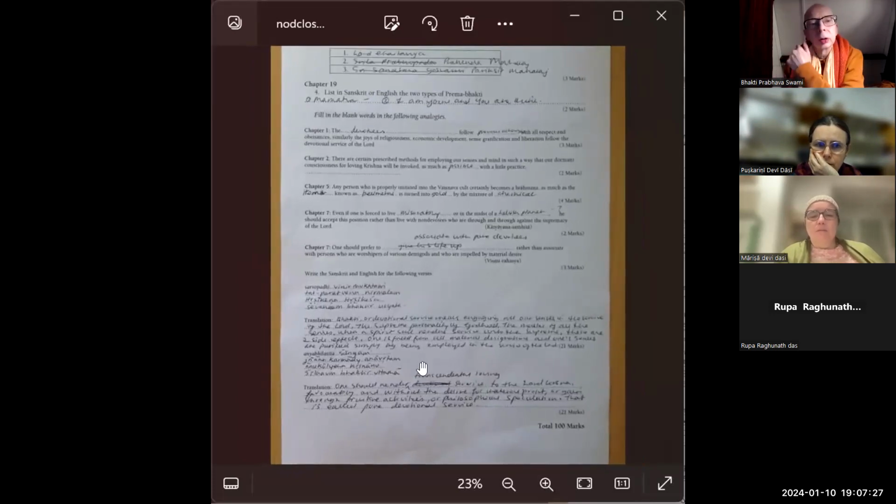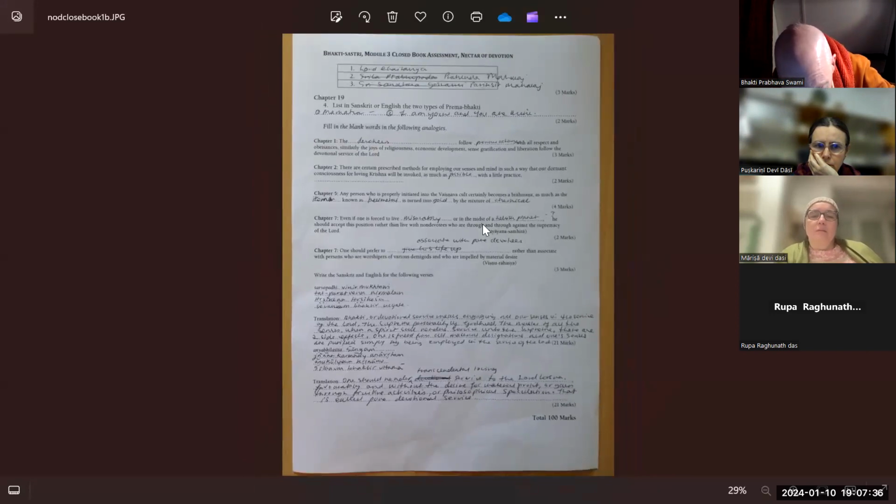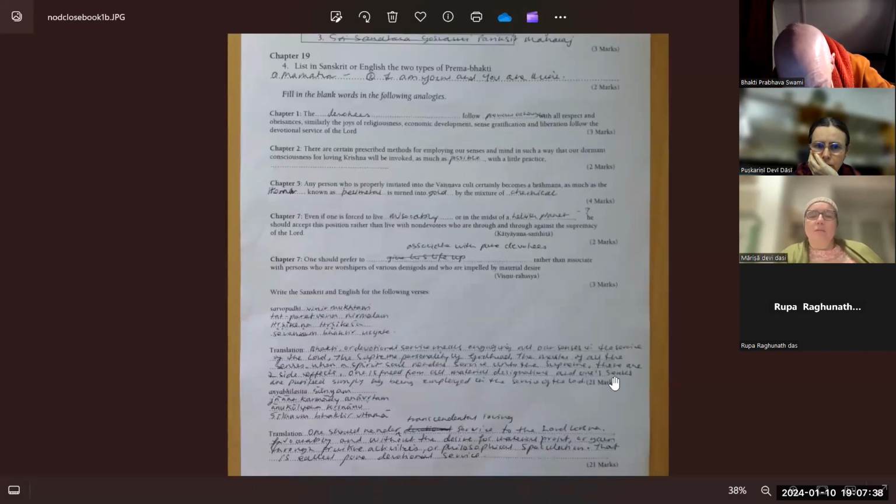And at the end, I think, because it's a little small, and I see only with one eye for the moment, yeah, there are 21 marks for the 2 verses. 21 marks for each verse, yeah, to make 100.